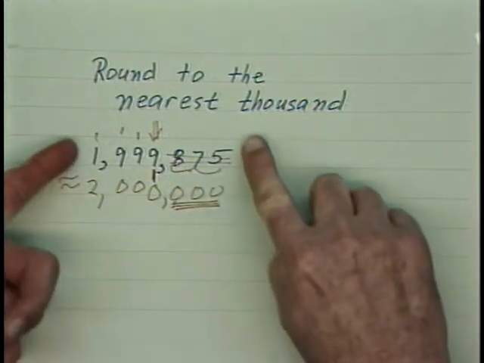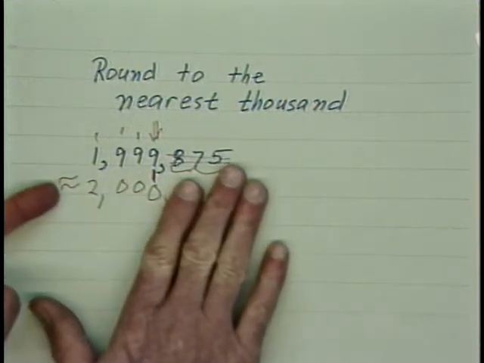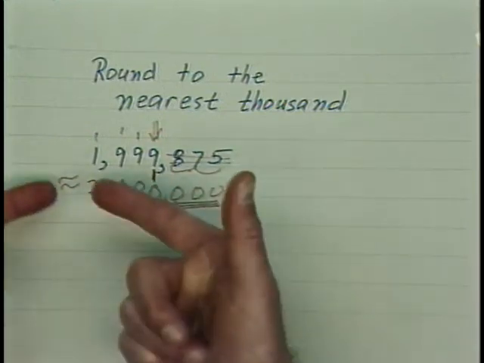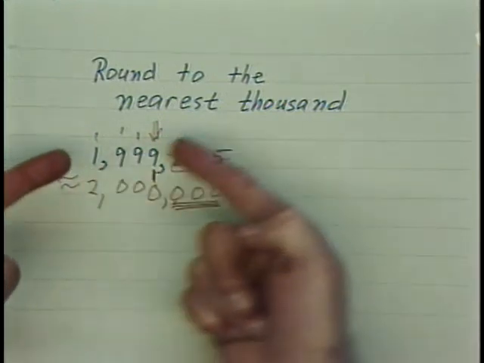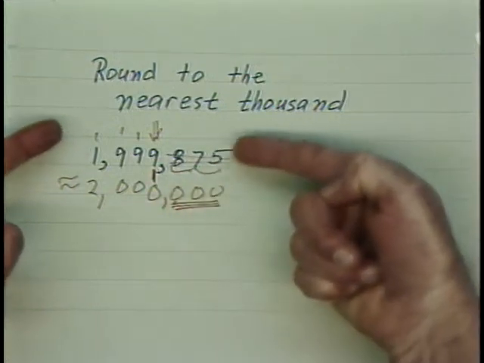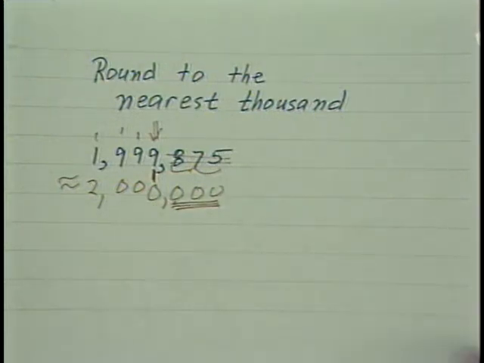Otherwise, you're saying that this number is close to 2,000, and that's patently a false statement. So what you finish with must be close to, that's what this symbol says, to the number you started with. If that isn't so, then you know you have made a mistake in digit replacement by placeholder zeros. So be cautious of that idea.